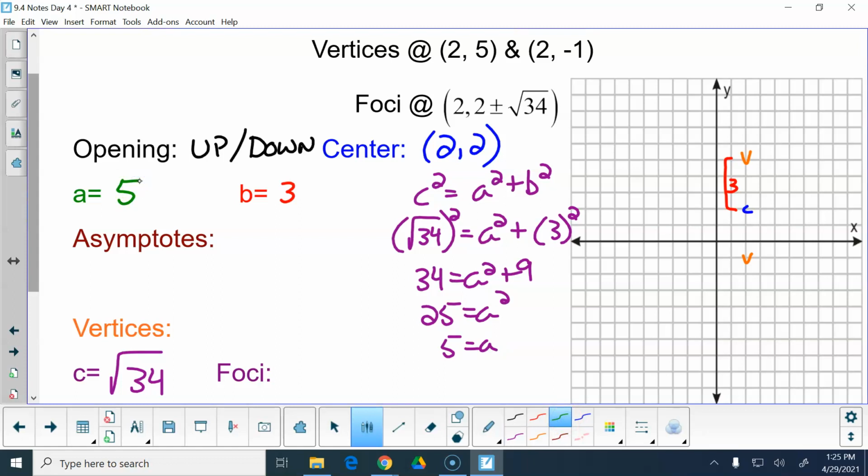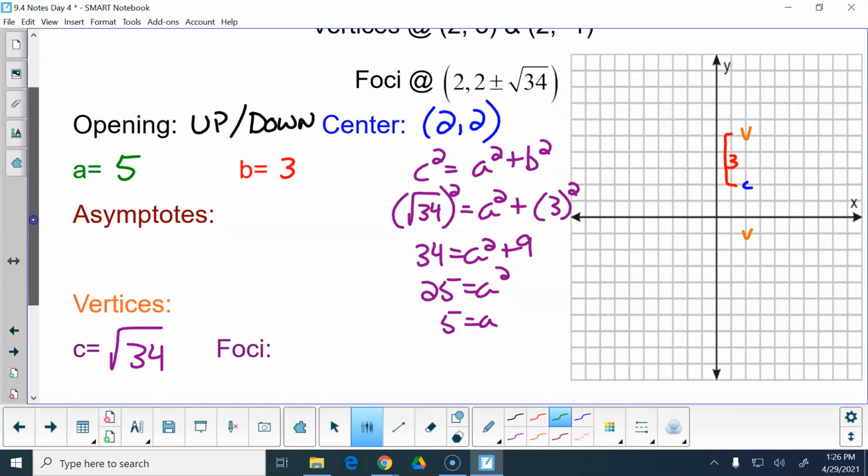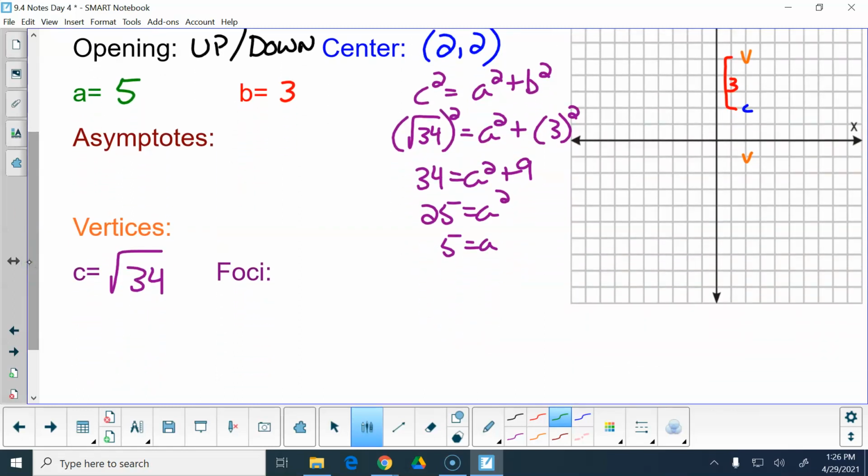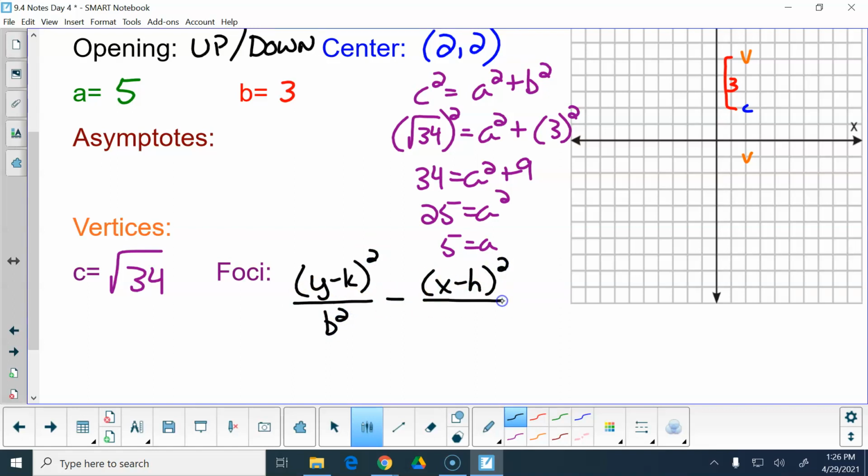Do we have everything that we need now? Yeah, now we do. Okay? So, with that being said, it's an up-down hyperbola, so that's y minus k over b squared minus x minus h over a squared is equal to 1.